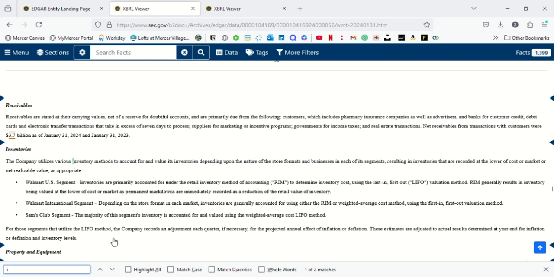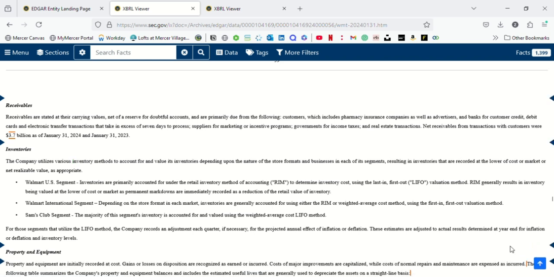So it says that they utilize various inventory methods to account for their inventories depending on the segment, the format basically. So their US segment uses last in, first out like Target. Their international segment uses either the RIM or weighted average cost method or the first in, first out valuation method. And their Sam's Club segment uses the weighted average LIFO method.